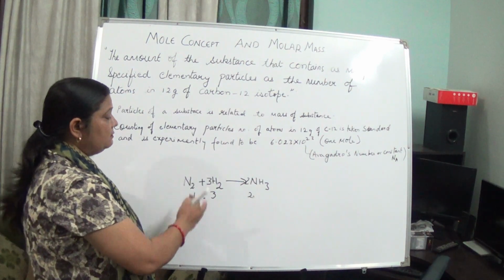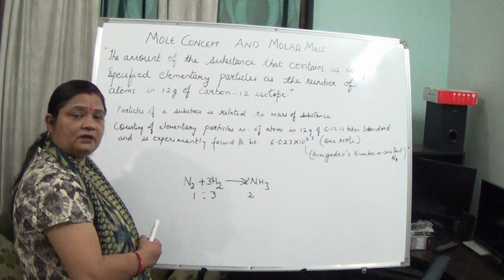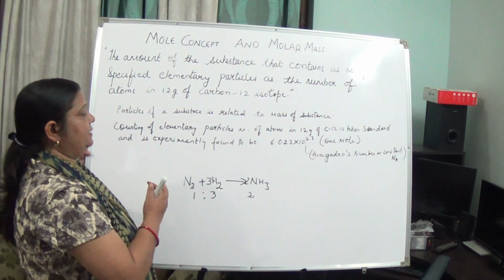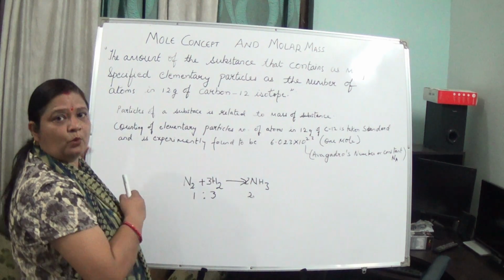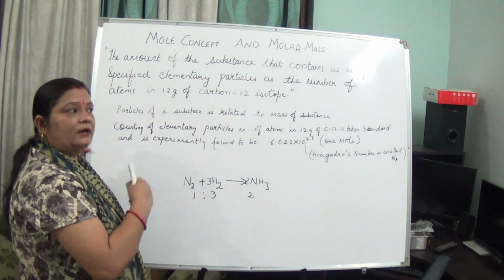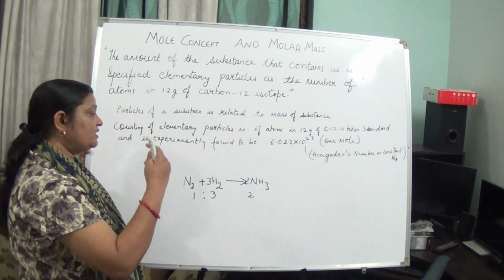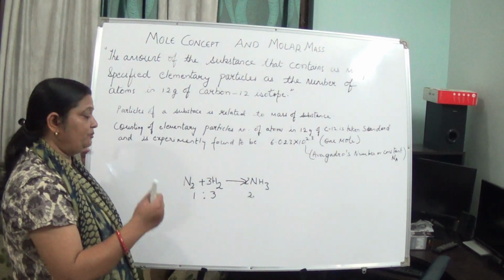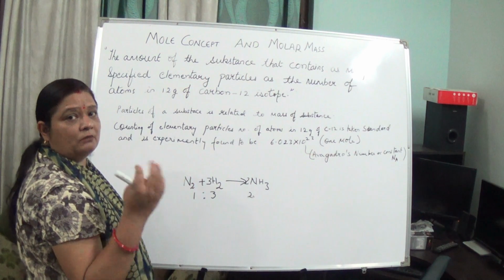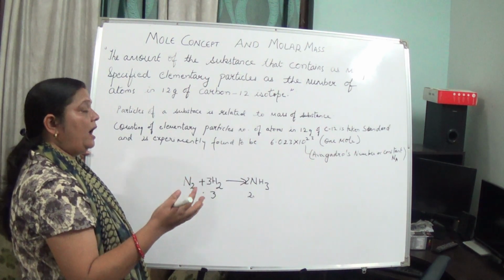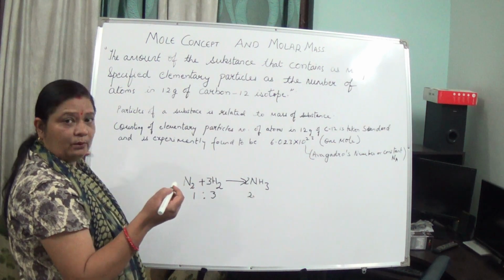Counting the numbers is also difficult because atoms are so small. So this mole concept was invented, or formulated, for calculating numerically how many atoms or molecules participate to give a product and how many are required.